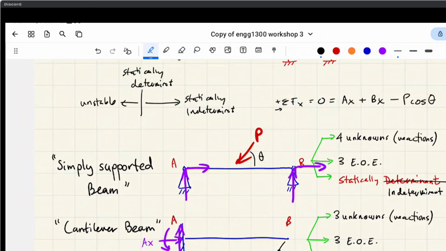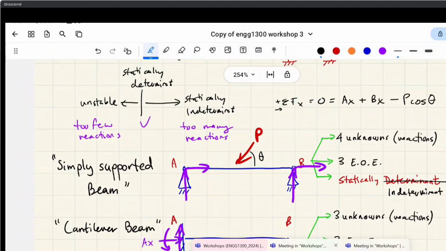So unstable is when you have too few reactions, yeah? And then statically indeterminate is when you have too many. Statically determinate is what we can solve, right?